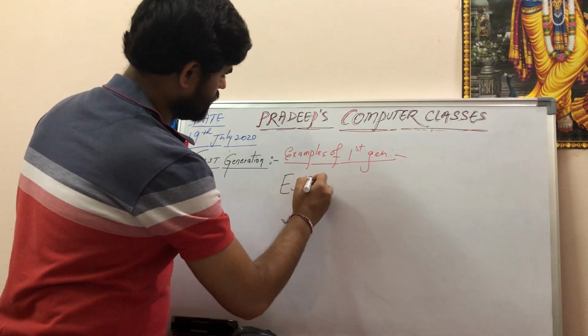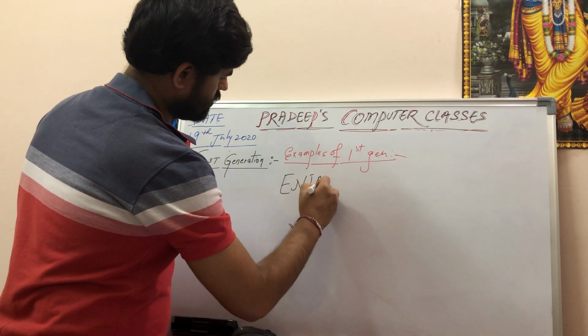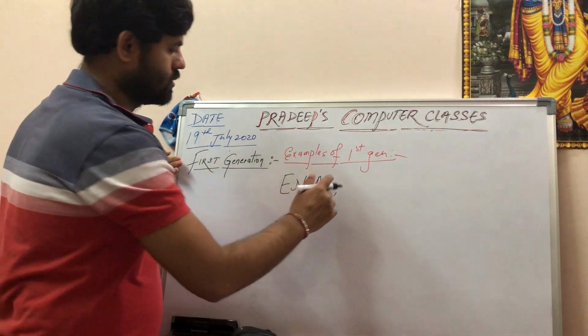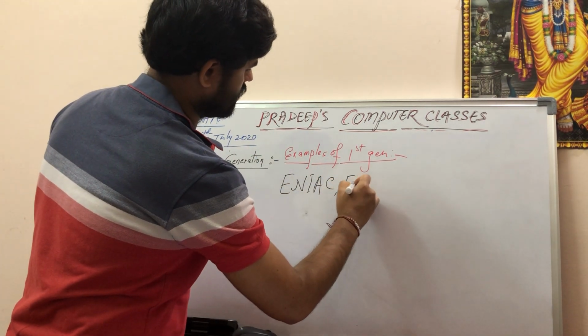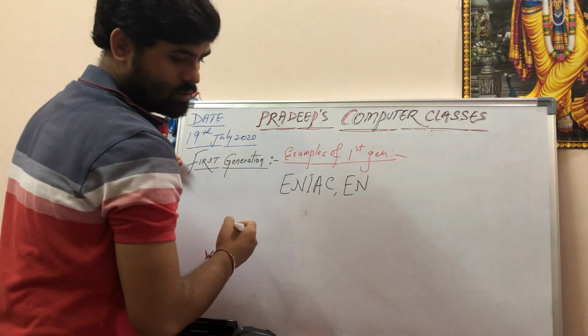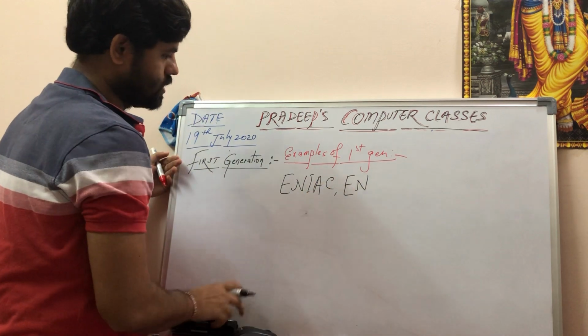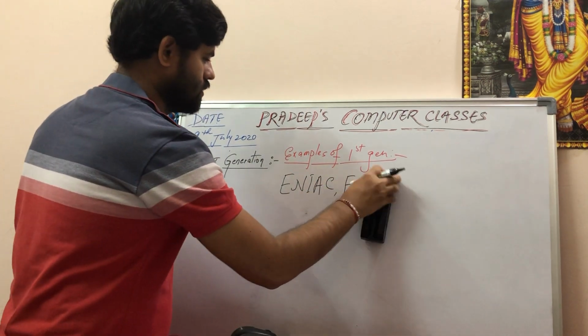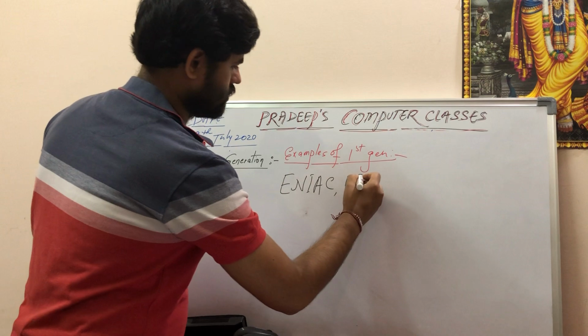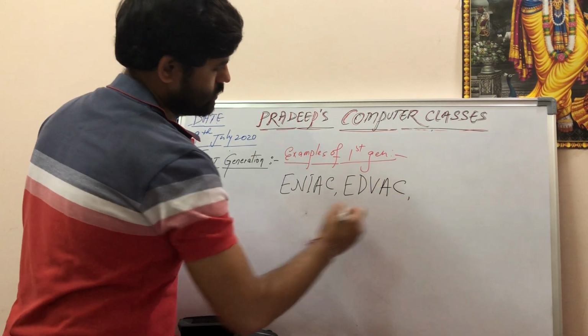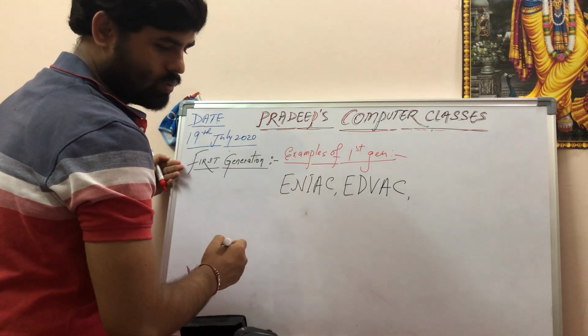The computer names are ENIAC, second is EDVAC, third is UNIVAC.